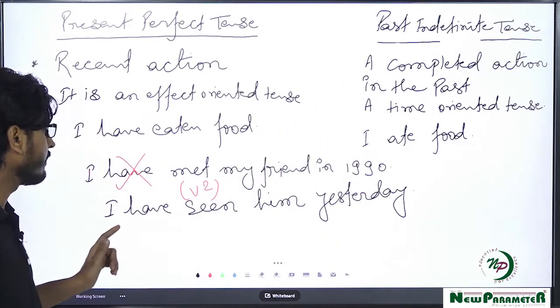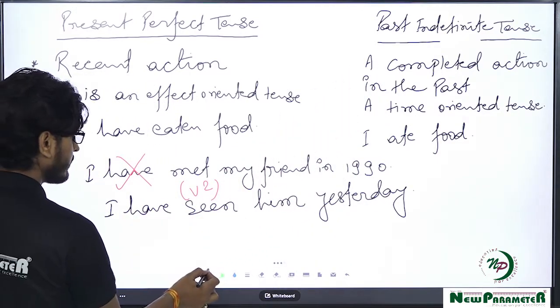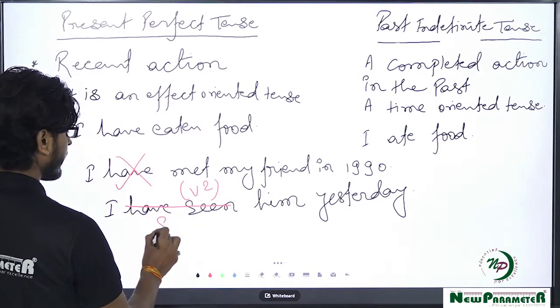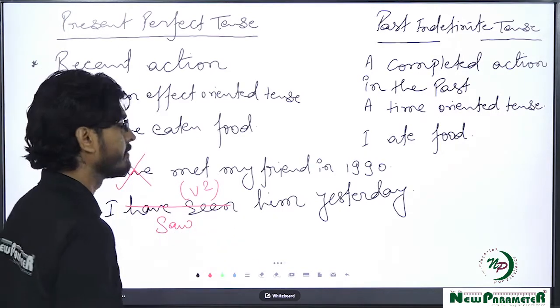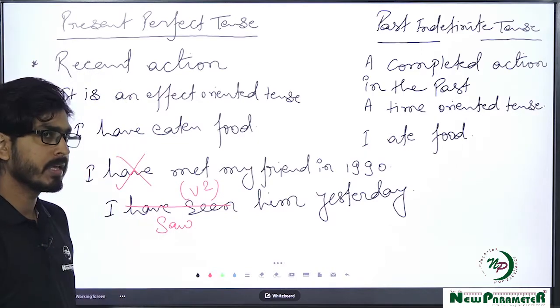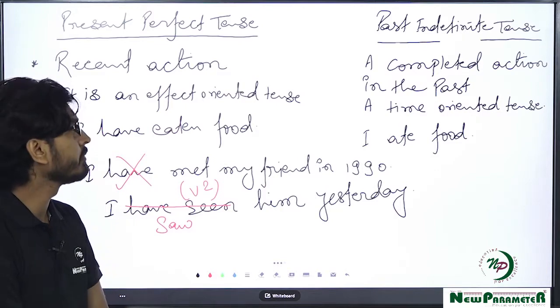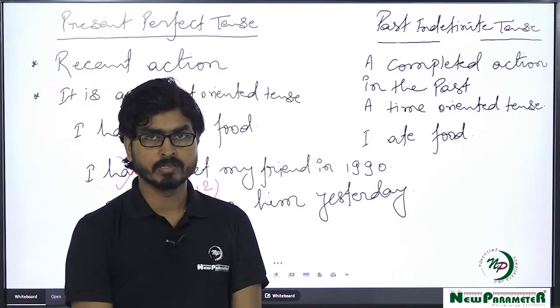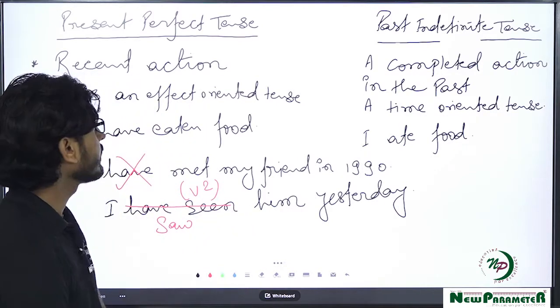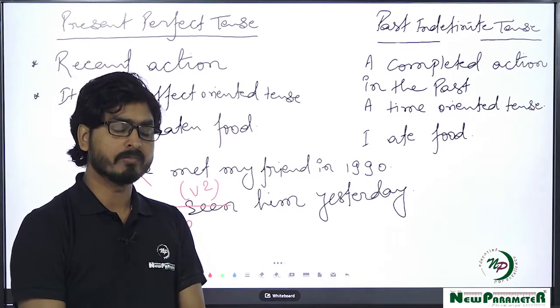So the sentence is wrong because this is a present perfect tense. So it should be I saw him yesterday. So we can say present perfect is basically an effect oriented tense and past indefinite is a time oriented tense. So this is all about present perfect and past indefinite tense.